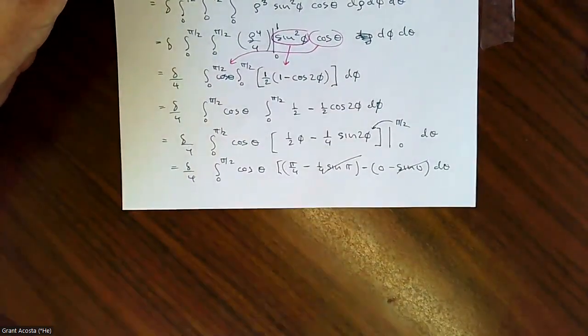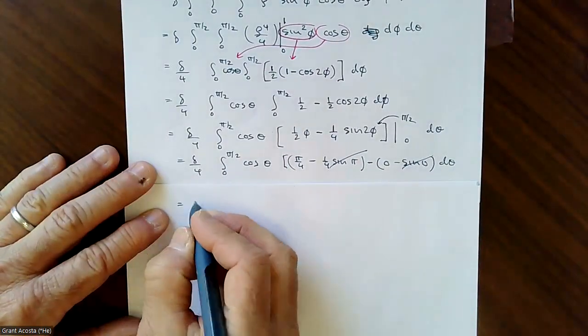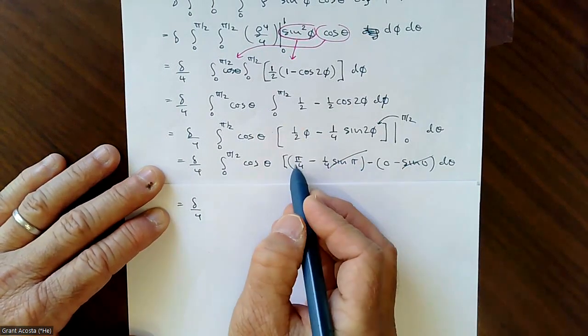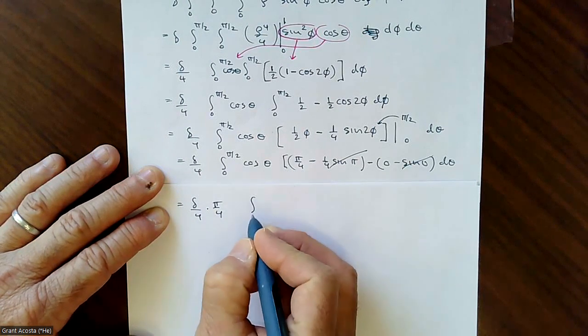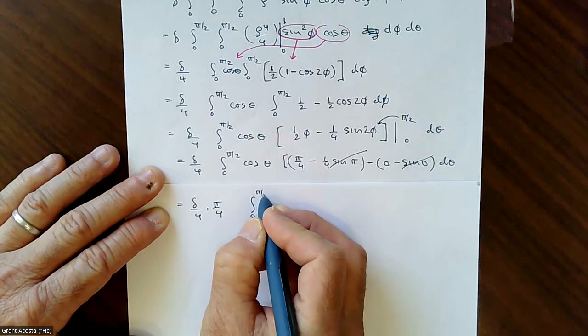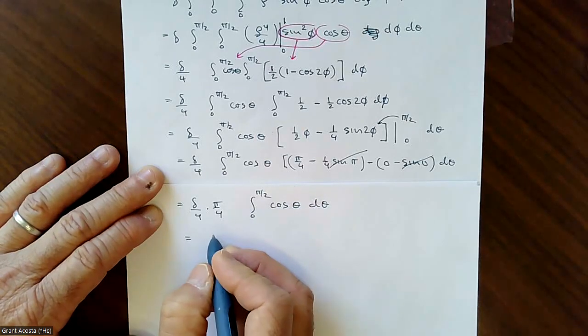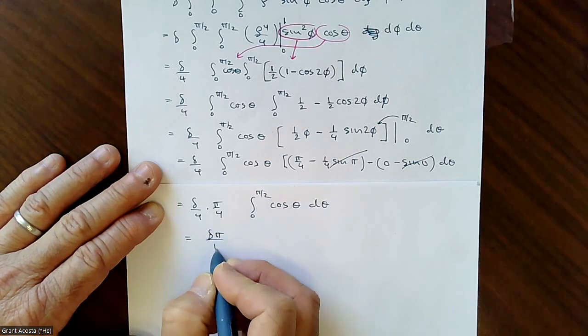So then we have delta over 4. All of this is just going to be pi over 4, so I might as well bring that out. And then I just have to integrate cosine of theta from 0 to pi over 2. Delta pi over 16.